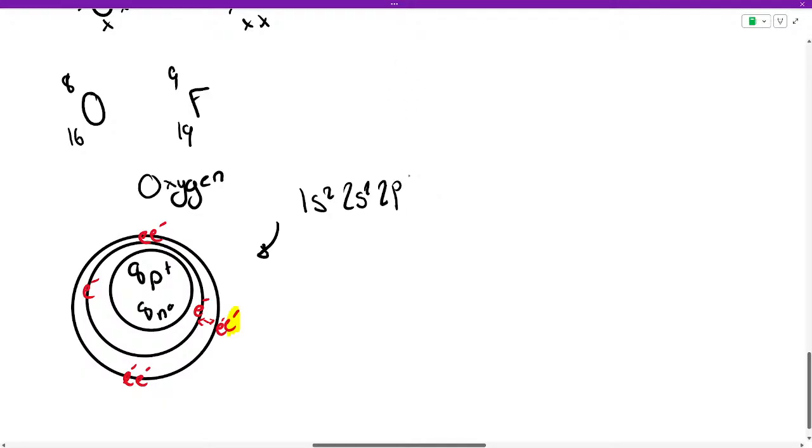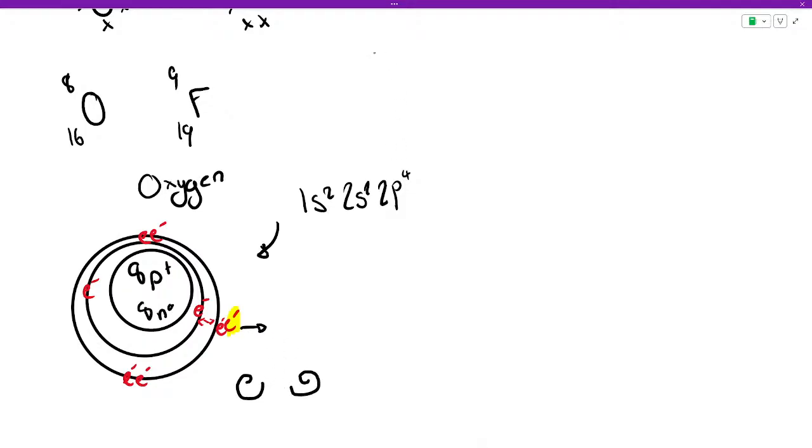Right. 2p4, that's 8 electrons. So now when we remove it, we're removing it from a stable orbital, because the electrons spin in opposite directions, meaning they keep it balanced.